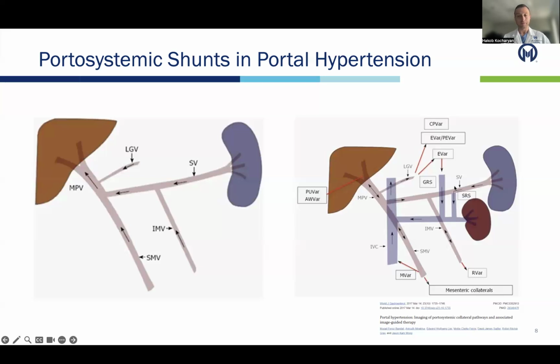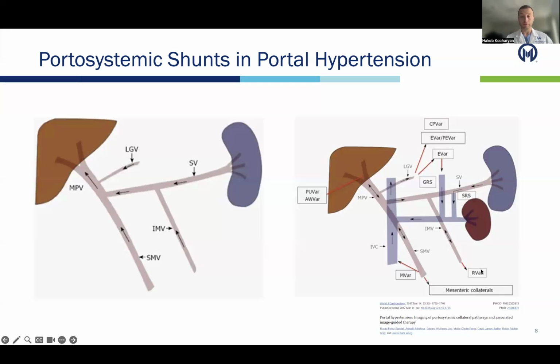Splenorenal shunt, similar pattern. When for any reason the splenic outflow cannot drain into the main portal vein, or the flow is reversed, splenorenal shunt would readily drain this portal flow into the systemic circulation.